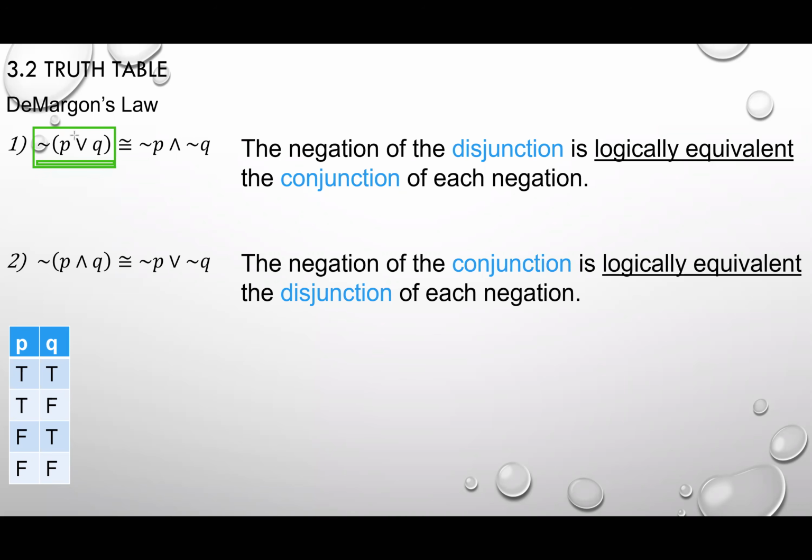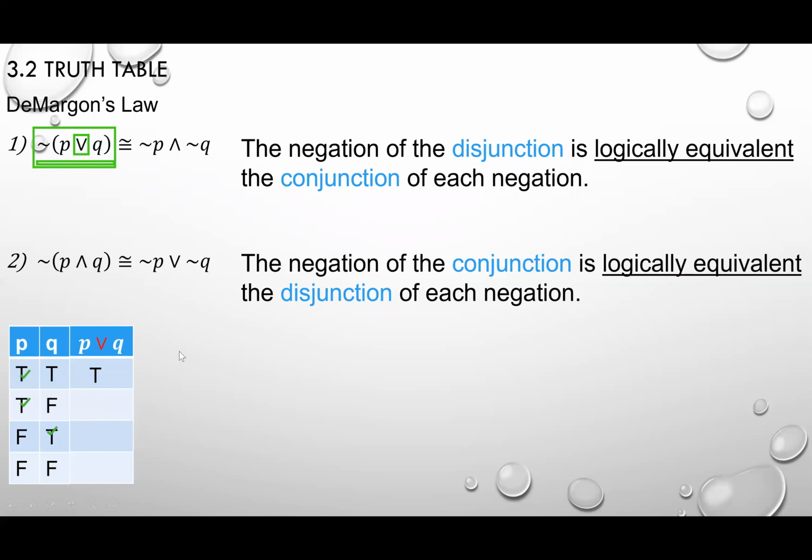All they have is one connector, and this is the OR connector. And hopefully you say we can do this, P or Q. For the OR, for the disjunction, as long as I see a T, doesn't matter where, as long as one of them is T, the result is true.